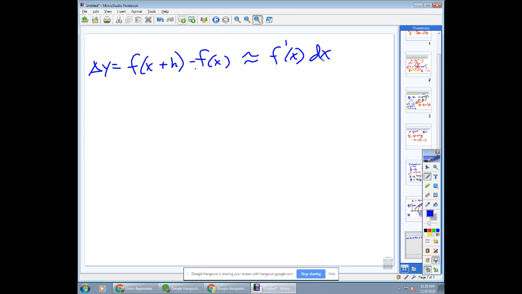And so I'll talk about why we would want to look at it one way versus the other. We have two different ways of looking at it. We have actual change in y, and then over here we have an approximate change in y based on the tangent line.